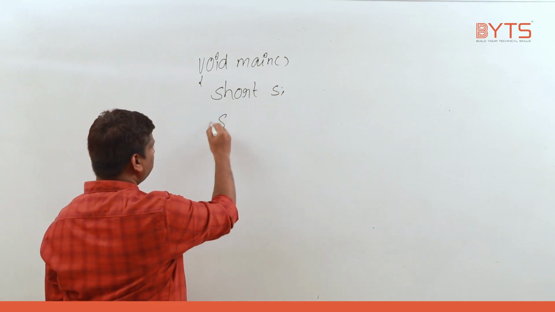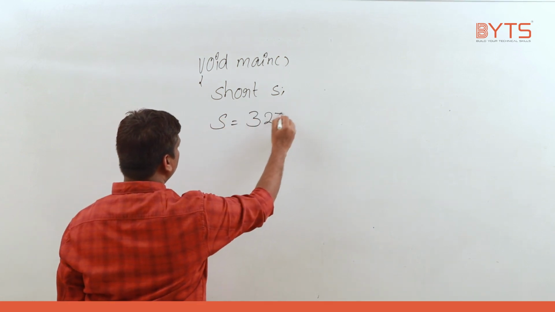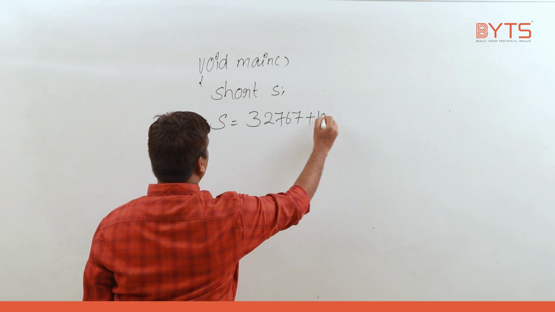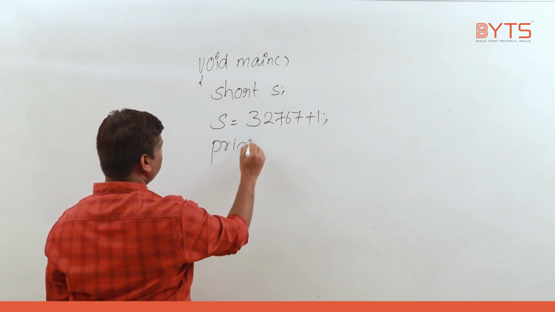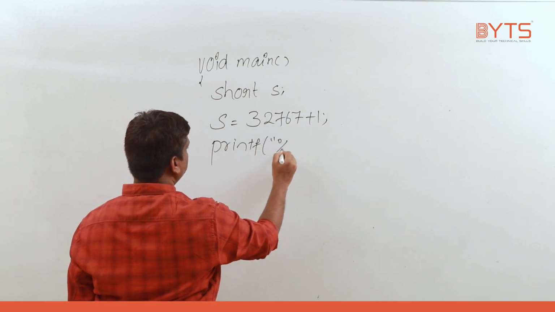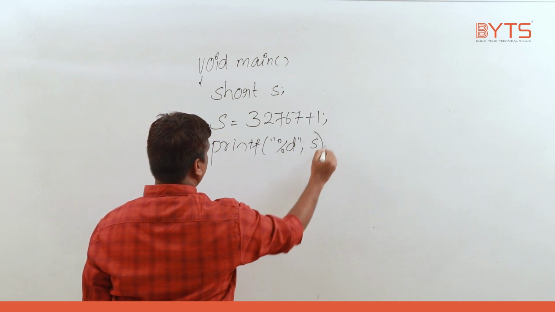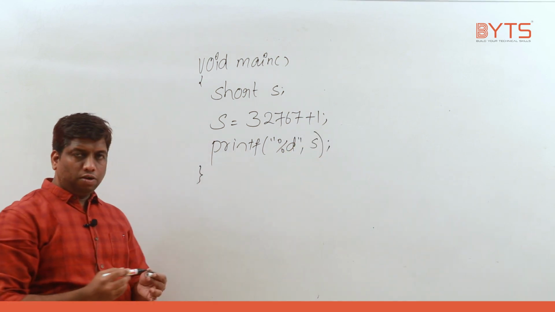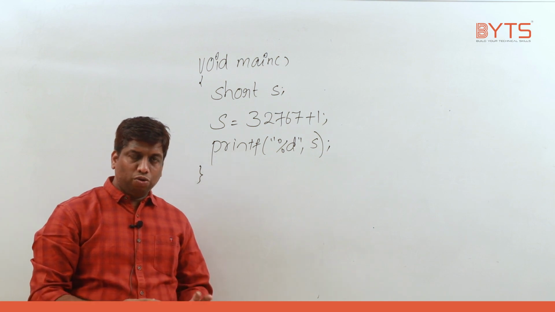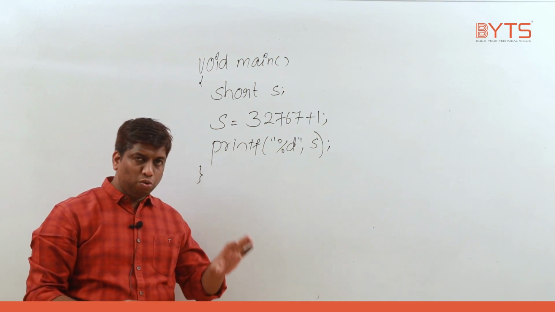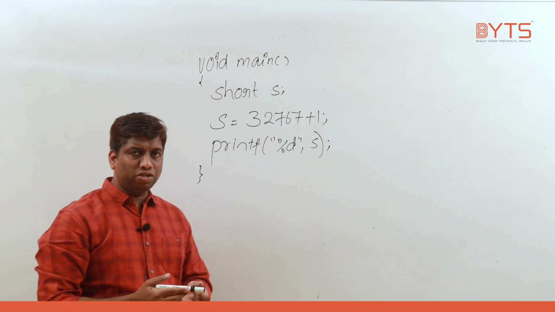Now what I am trying to do is s = 32767 + 1; printf("%d", s). Pause the video, take the program into your notes, try to solve it. And now I am going to solve it.